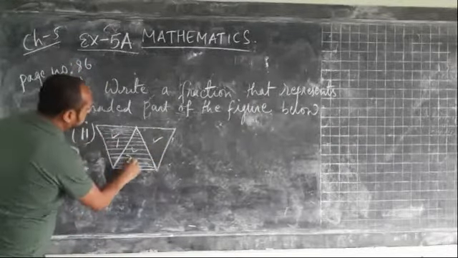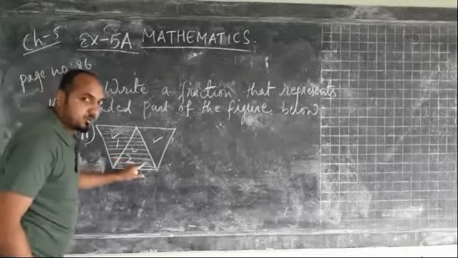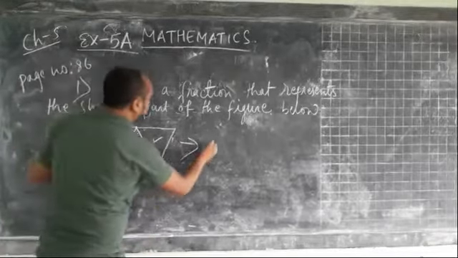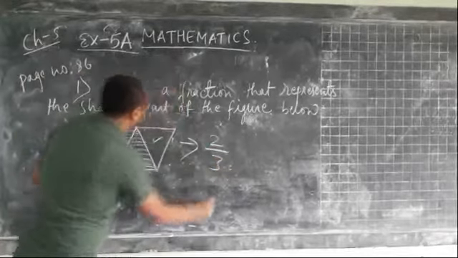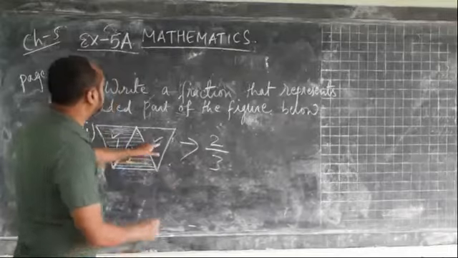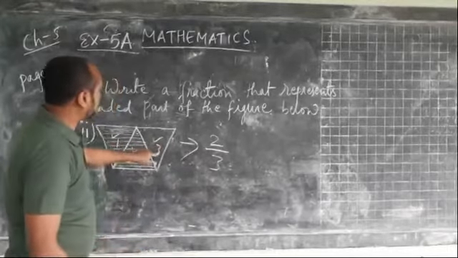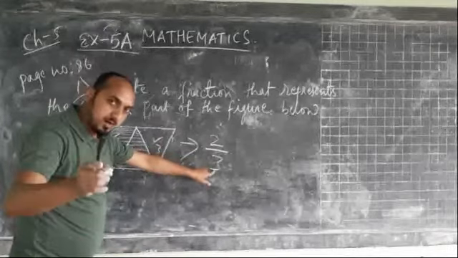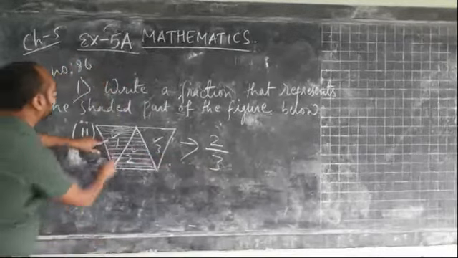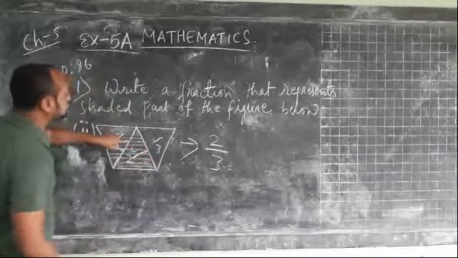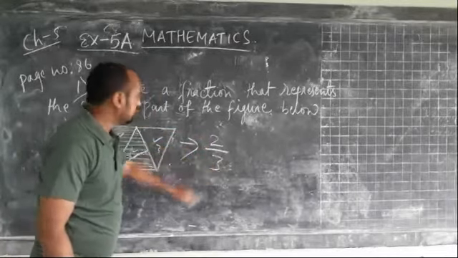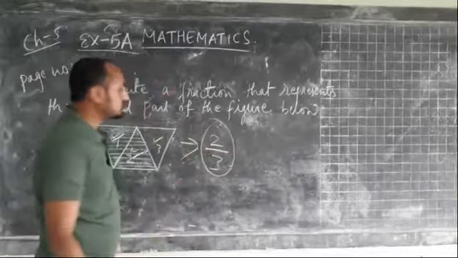The first and the second we have as shaded portion. So we can represent this in the form of a fraction as 2 by 3. Since 3 is the total equal parts, and out of that how many shaded portions do we have? 2. 1 and 2 we have shaded. So 2 by 3 will be our fraction.